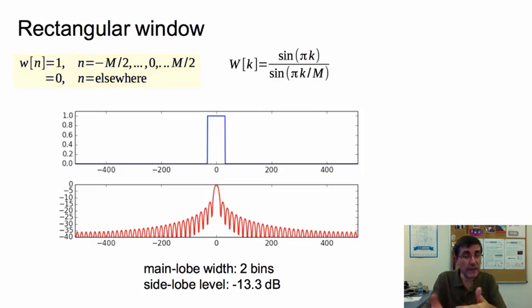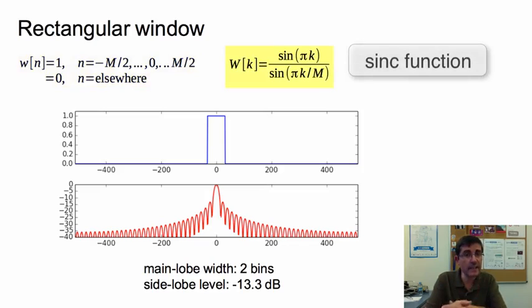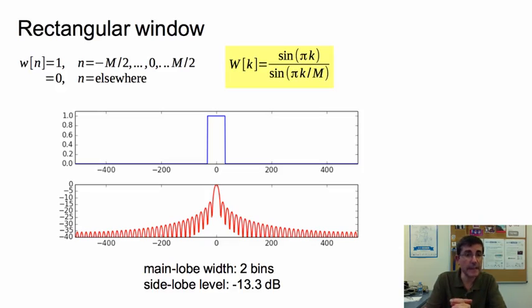And the spectrum is what we call a sinc function. It is the sine of pi k, where k is the frequency index, divided by another sine function. If we look at the plots, the spectrum shown is the magnitude spectrum, so it's the absolute value of this W(k).